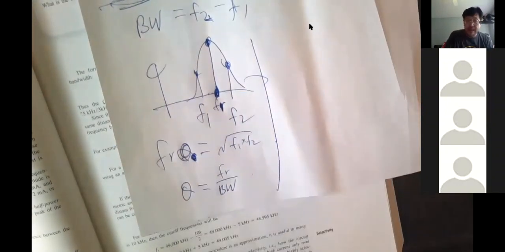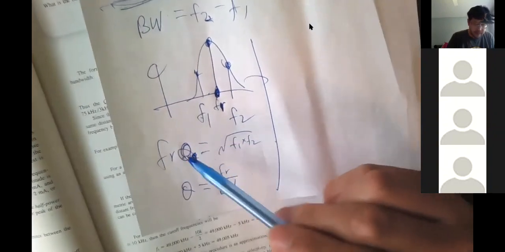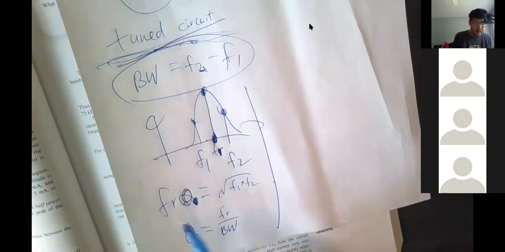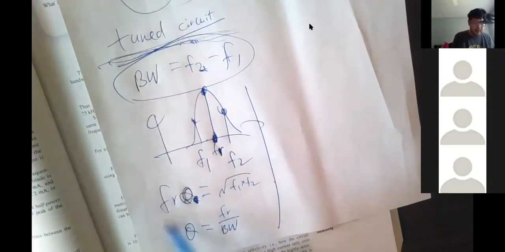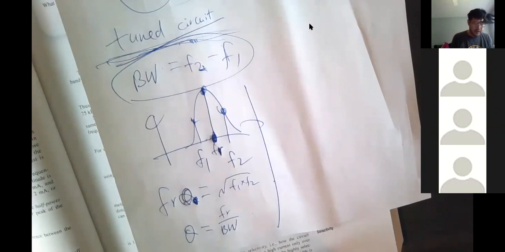We're interested in the bandwidth, the center or resonance frequency, which is somewhere in the middle, and the quality.